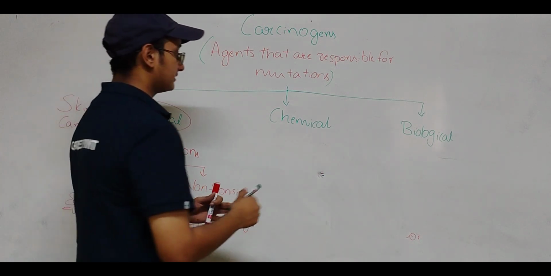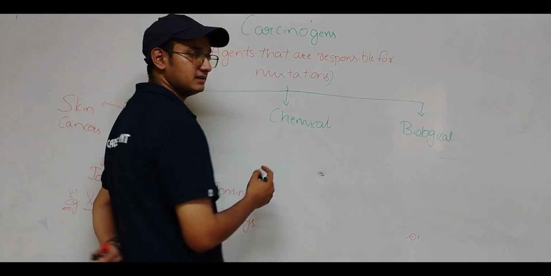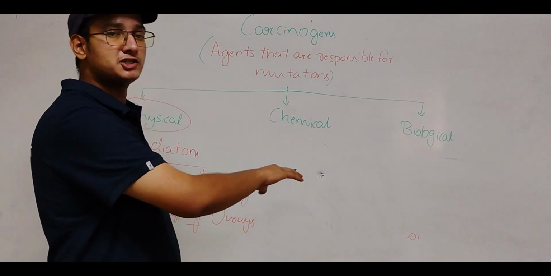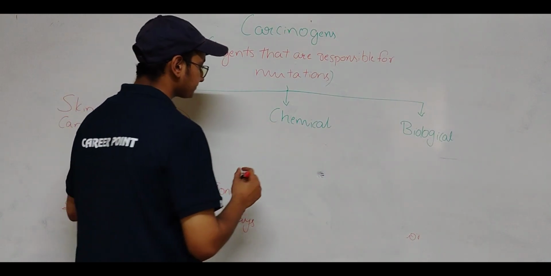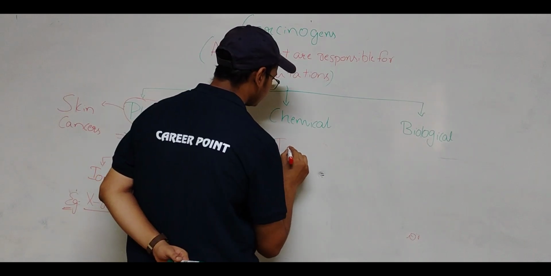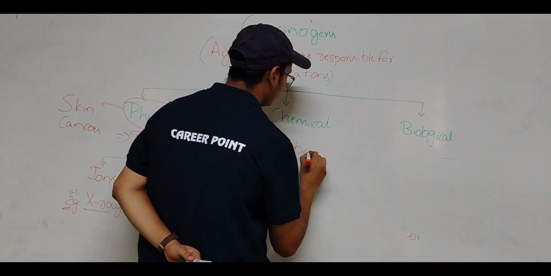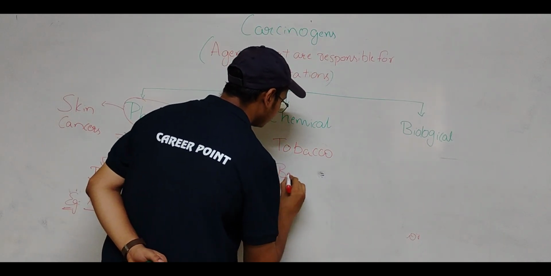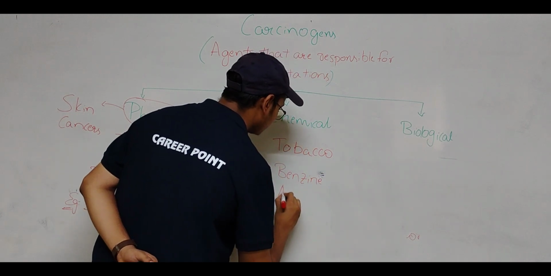Now we have chemicals. Chemical carcinogens. The name itself says that these are because of chemicals that alter the DNA, which leads to mutations. So chemicals like tobacco, and benzene, and asbestos.